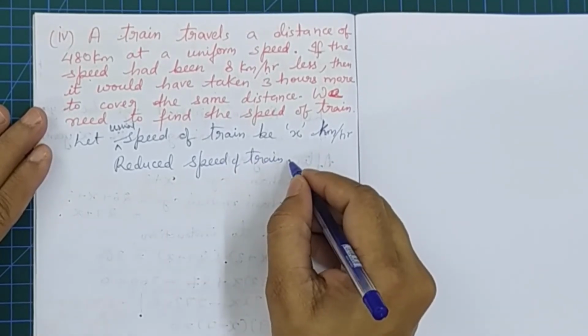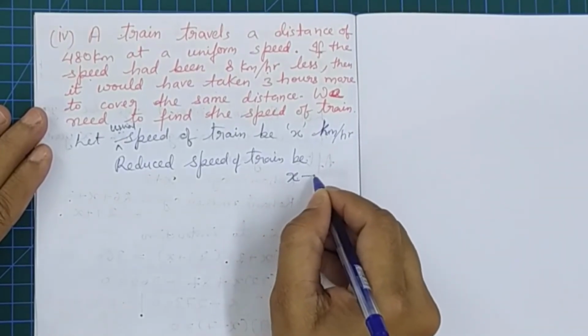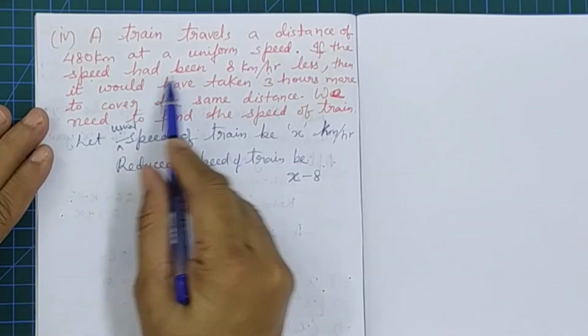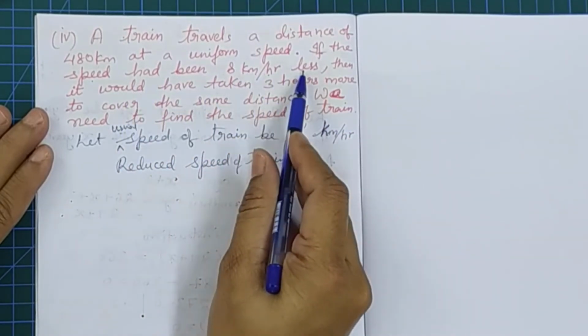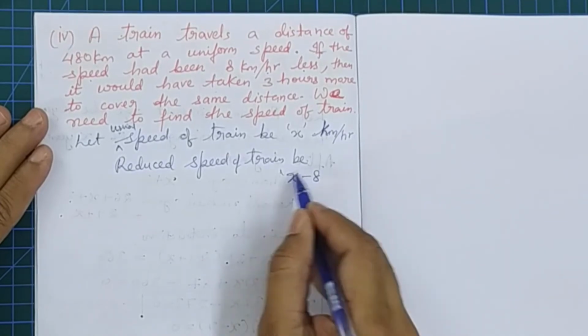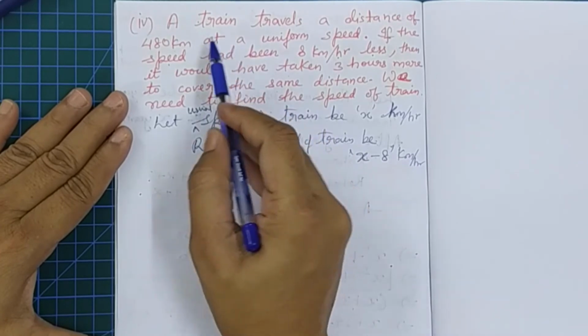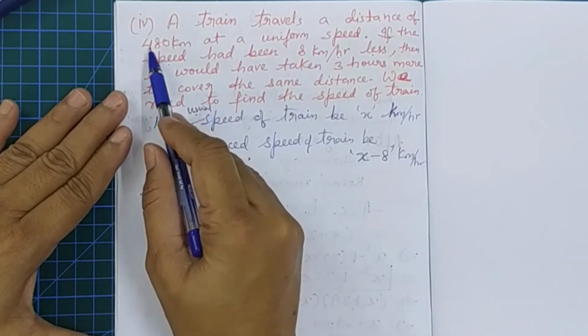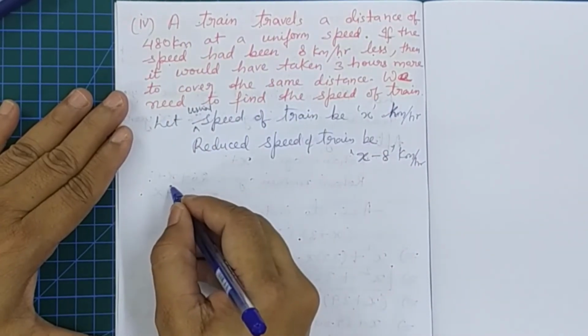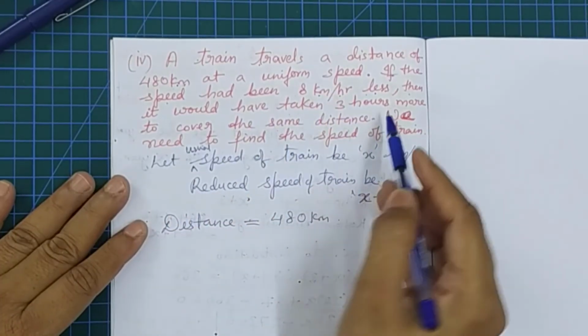So the reduced speed of the train will be x minus 8, because if the speed had been 8 kilometers per hour less, so 8 less than the usual speed. The question states the train travels a distance of 480 kilometers. So distance traveled, it would have taken 3 hours more.